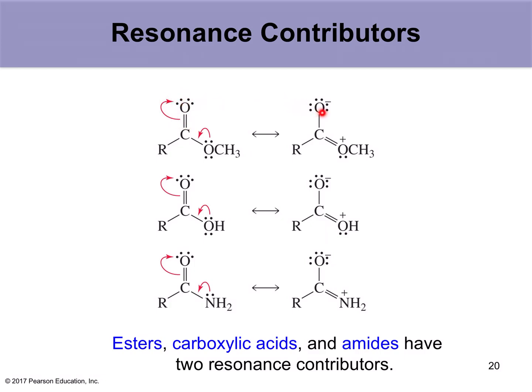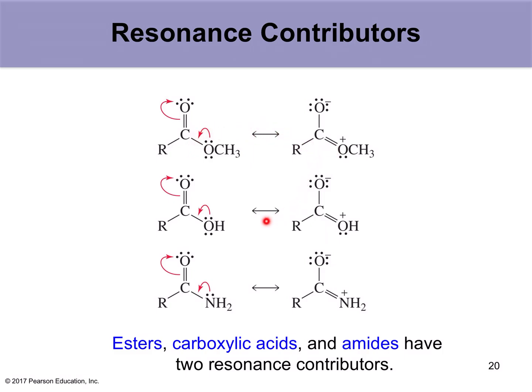As a result, the oxygen will have a negative formal charge, having 1 bond, and this oxygen having 3 bonds has a formal charge of plus. Between these 2 resonance structures, which one do you think contributes the most? It would be this one.